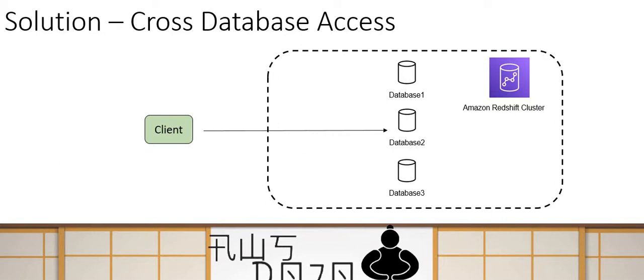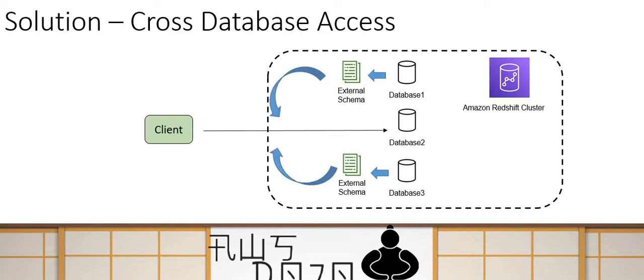The way it works is that you have to create external schemas. For database 1 and database 3, you create external schemas, and then in your connection with database 2, you can use these external schemas to make queries. This is perfectly possible, and that is what cross-database access does.